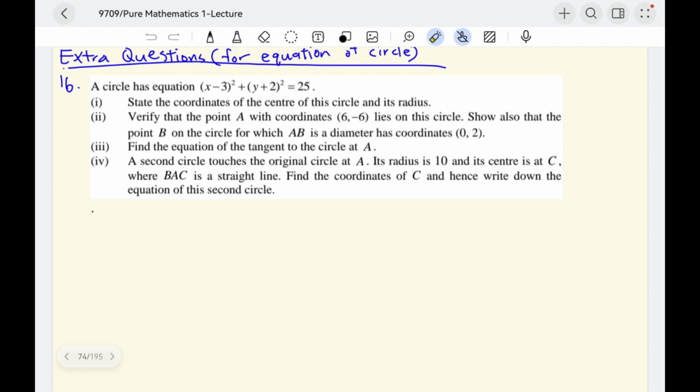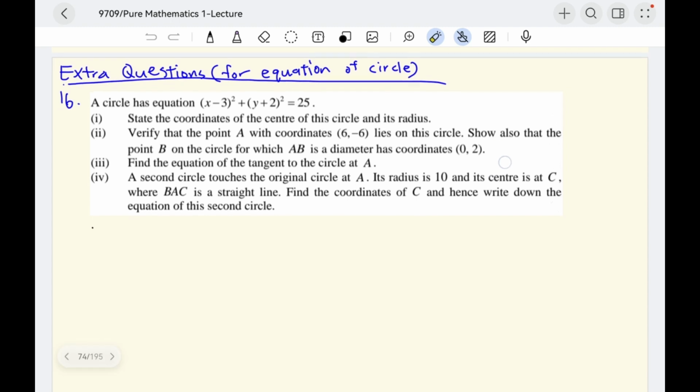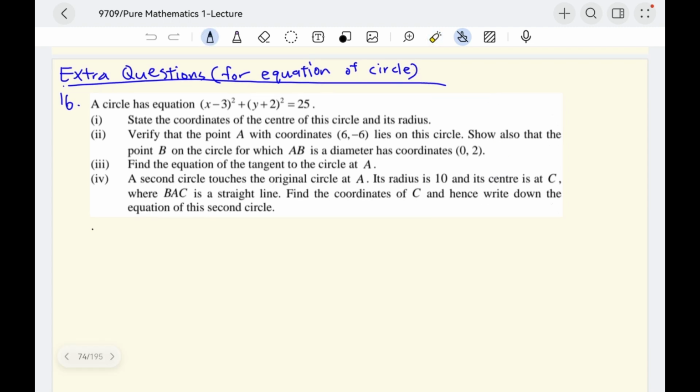A circle has this particular equation. For the first part, state the coordinates of the center of this circle and its radius. Don't be confused about the coordinates. The center of a circle only has one particular center point, so you have to state only one.